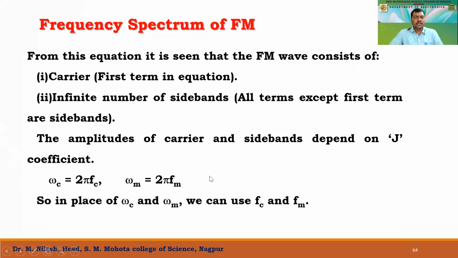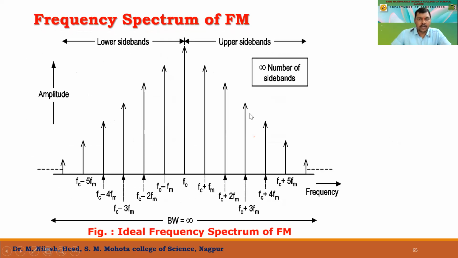So in place of omega c and omega m, we can use fc and fm also, and we can have different equations. That is what I was talking about. So this is the frequency spectrum of the frequency modulated wave, and here you are able to see the first one, that is the carrier frequency, which is at the center.